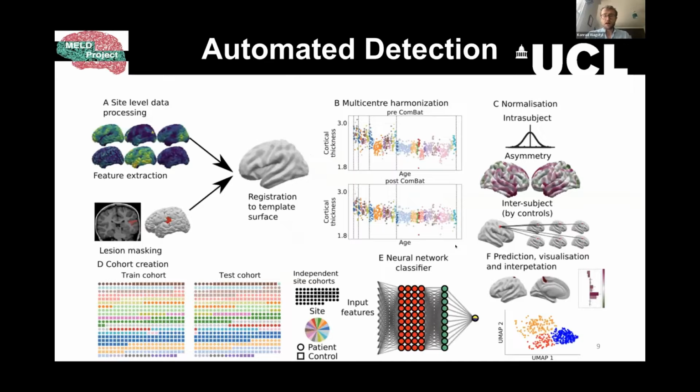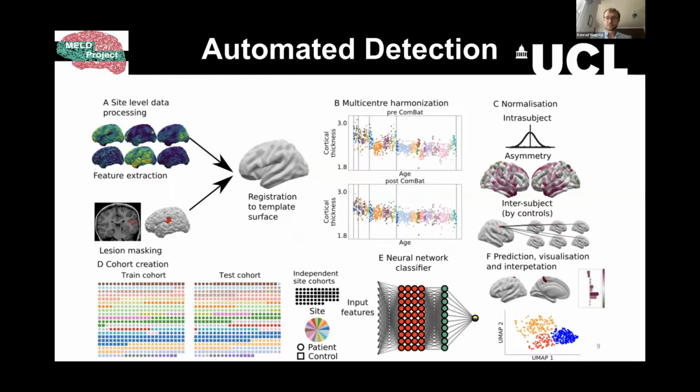This is an overview of the pipeline we've been developing. So what each site does locally is extract surface-based features using FreeSurfer that capture those things that we just described. So we have a blurring feature, which measures the intensity in the grey matter and the white matter and calculates the contrast between those. We calculate the FLAIR intensities inside the cortex and below the cortex to try and capture that transmantle sign. We have a few folding features. We capture cortical thickness.